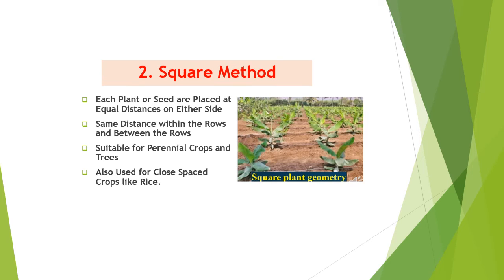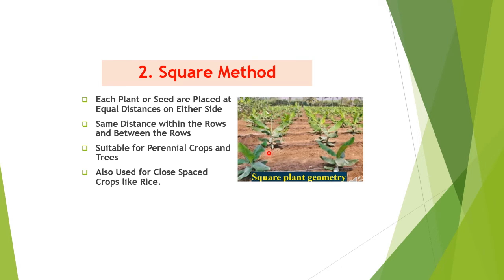Depends upon the crop. In the square method, each plant or seed is placed at equal distance on either side. Here distance is maintained, and the same distance is maintained within the rows and between the rows.